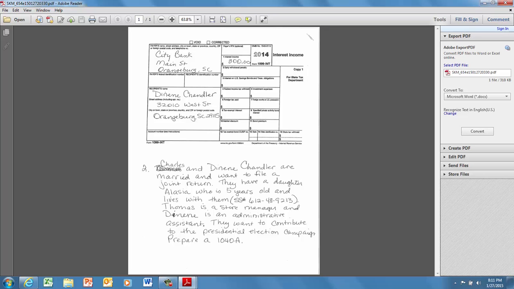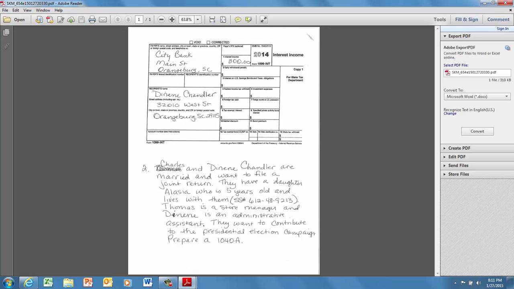Okay, so when we're doing our summary sheet, we're going to get their names, their addresses, their Social Security numbers, and we know that they want to do married filing joint return.